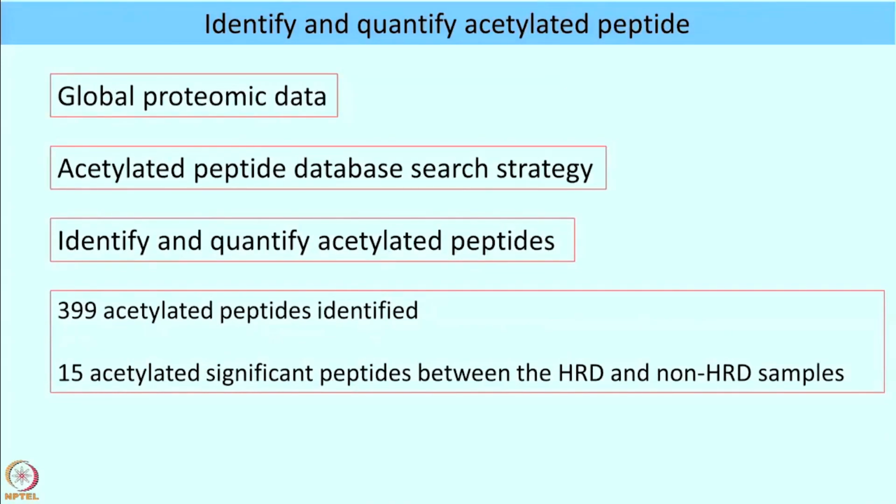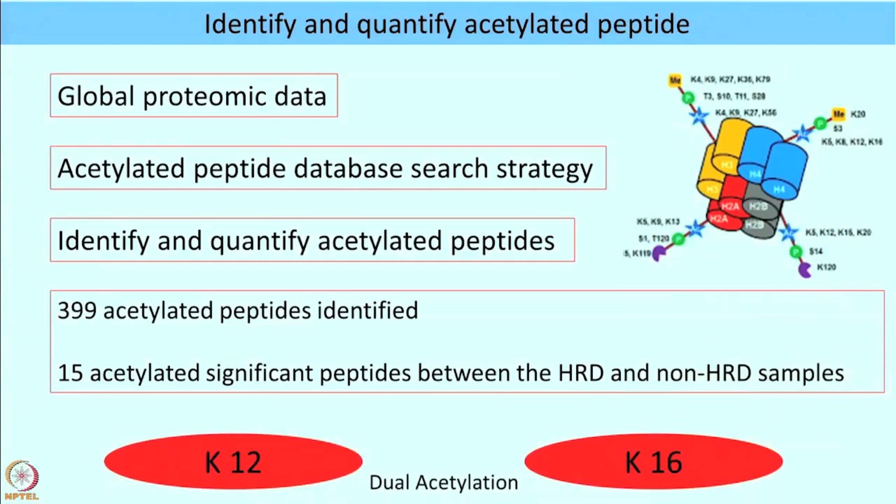From there, they identified around 399 acetylated peptides and 50 significant acetylated peptides between HRD and non-HRD. From these significant acetylated peptides, they found K12 and K16, that is, acetylation of lysine 12 and 16.